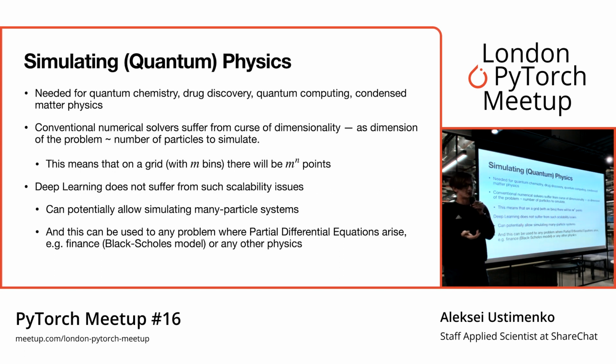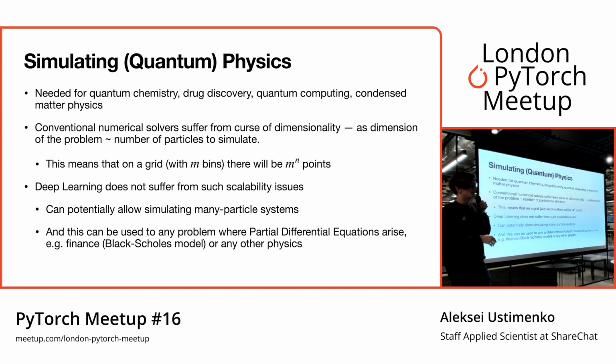And here's where deep learning comes into play. It is scalable, and basically free of the curse of dimensionality that arises in classical methods, because it can scale just linearly.